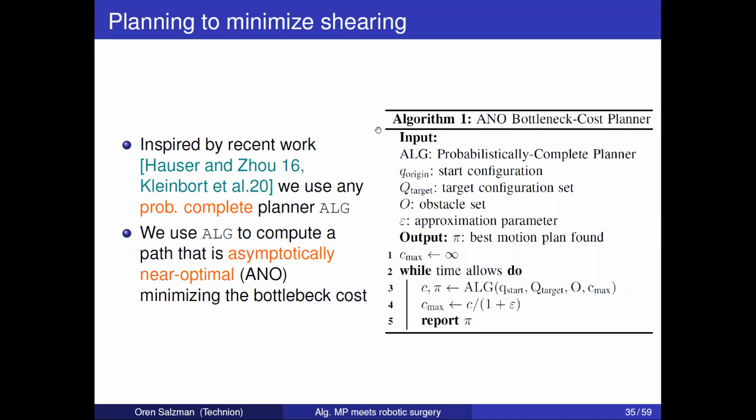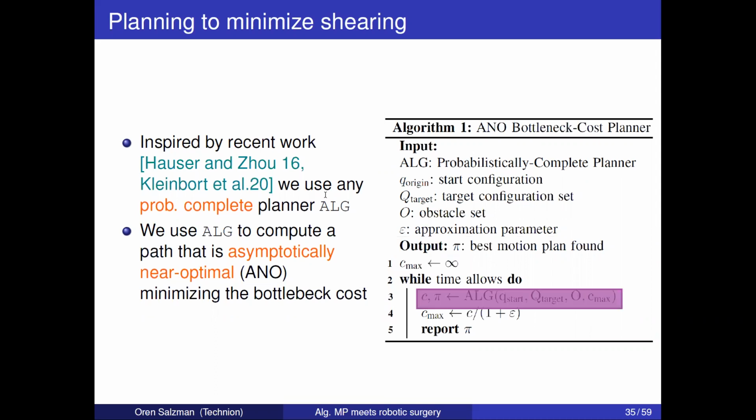And the way we do it is very straightforward. We run our probabilistically complete planner, given the approximation factor, and we start with no bound on the quality of the solution. So the first solution returned by our planner is simply going to be a path, if one exists, and it's going to have some clearance. That's going to be the maximal forces applied on the tissue in our setting.